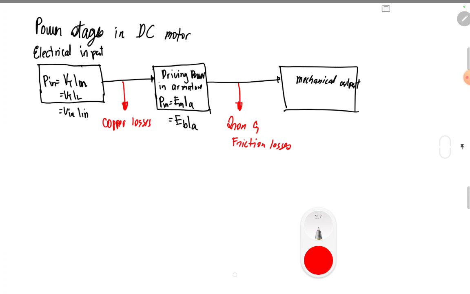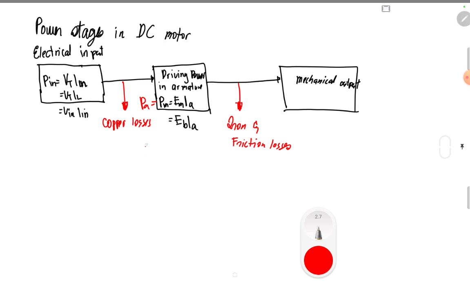Next, after those losses, you will have your mechanical output. Usually, your EBIA, this is your PA, or the power that is given off into your armature in order for the motor to create a mechanical output.